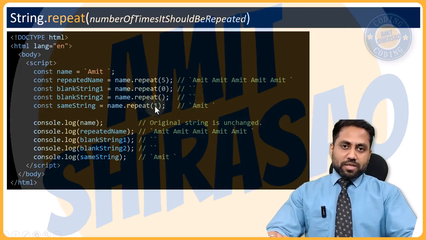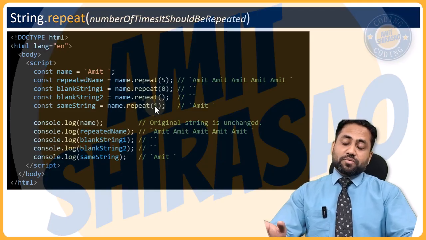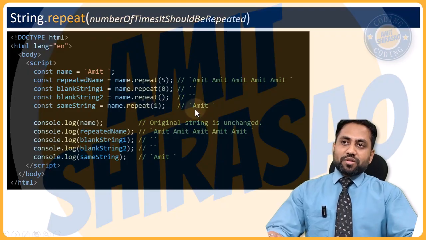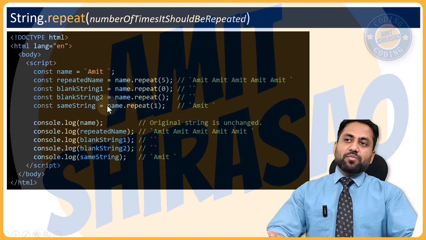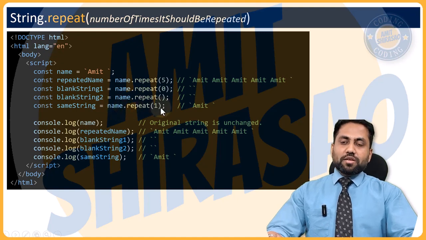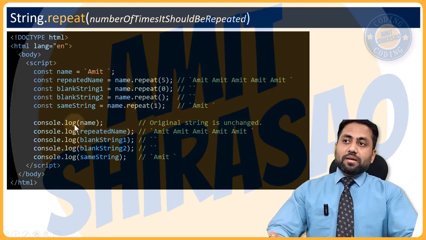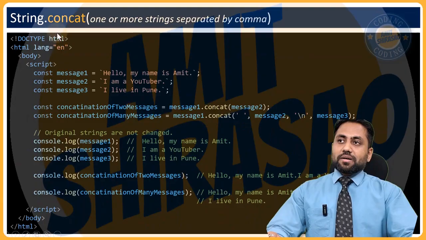If I say repeat 1, the intelligent folks amongst you will ask, okay, what if I say repeat, but repeat it only once? Yeah, it's only going to give it once. So instead of writing name.repeat(1), you can just write name. It's easier, right? Okay, so that's how it is.